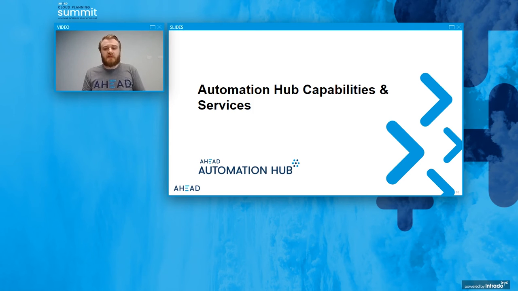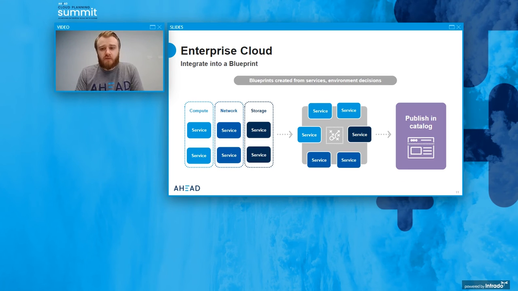So let's move on to the concept of the different capabilities and services that we want to bring into an Automation Hub solution. So the first concept is the idea of creating these different blueprints for our actual catalog of services.